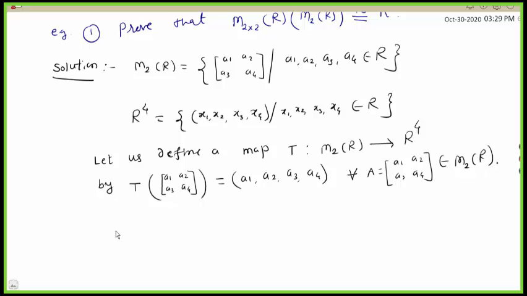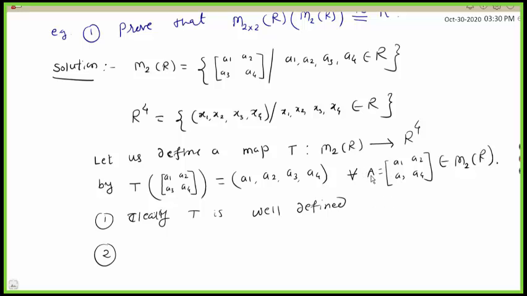First we have to prove that T is well defined, linear, 1-1 and onto. Clearly, this T is a well defined map. Second one, this T is a linear transformation.